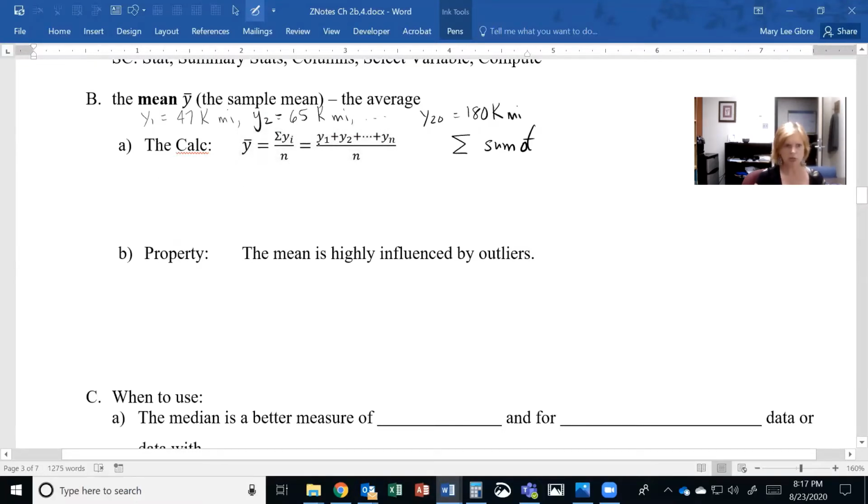For this particular data set, to calculate the mean I would say, okay, the first mileage was 47, and then the next one was 65, and I would keep adding until I got to the very last one, which was 180,000 miles. Then I would divide all that by 20.